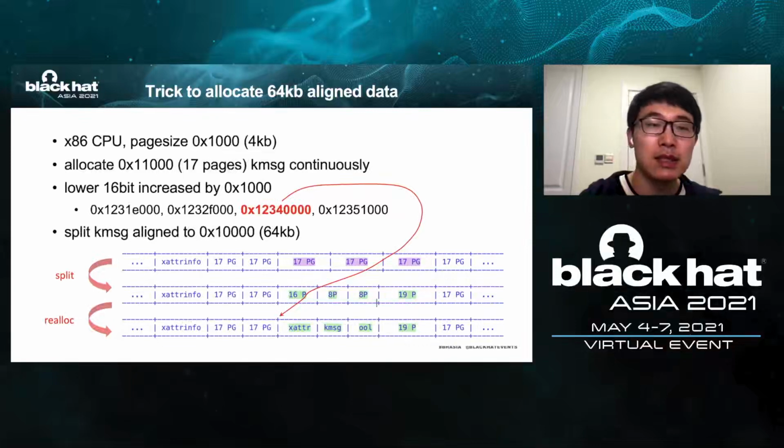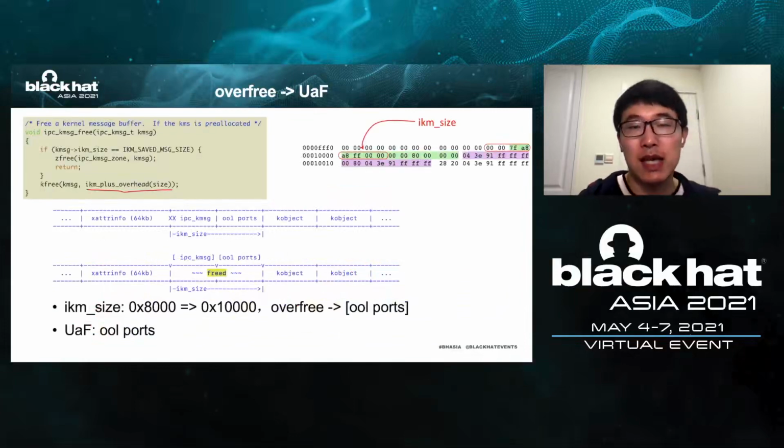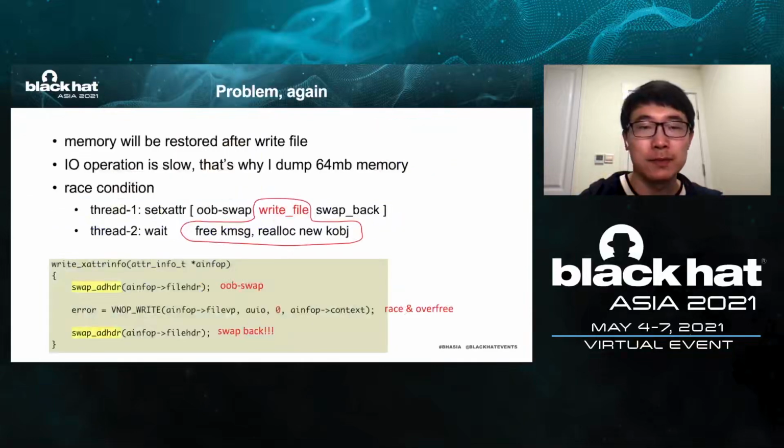Then, in the next 8-page memory block, I put an OOL port page, which is our overfree target. After these operations, I will make the IKM size change from 32 KB to 46 KB through the OOB swap, and then release the corrupted key message. Now we get a perfect UAF on the OOL port page.